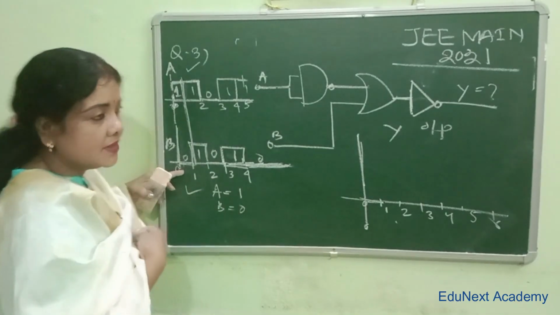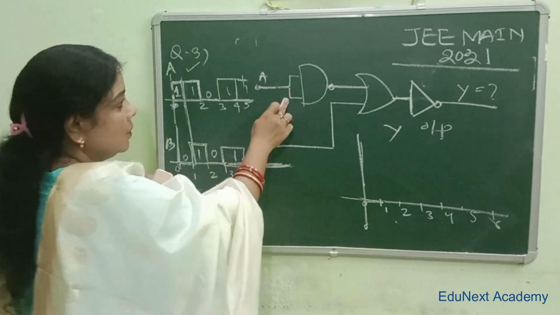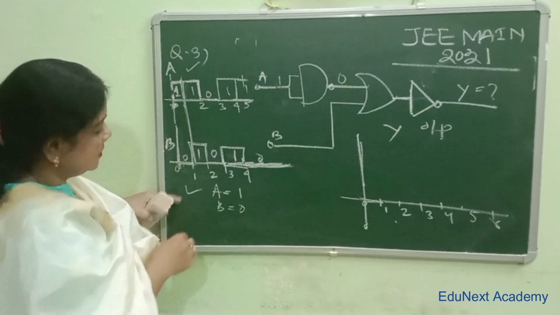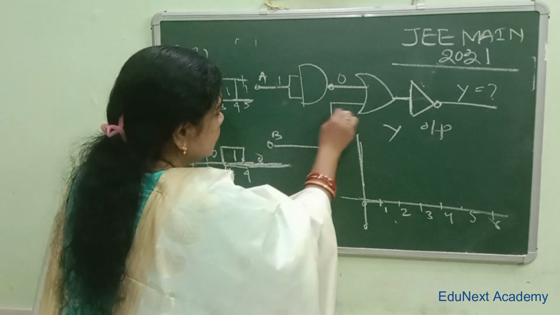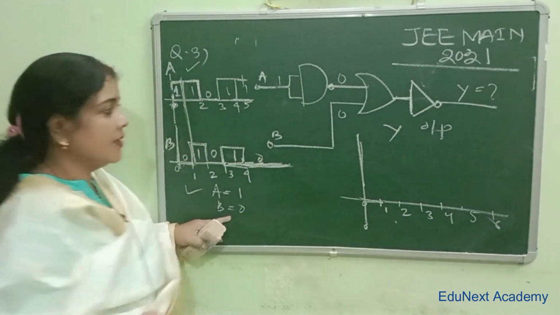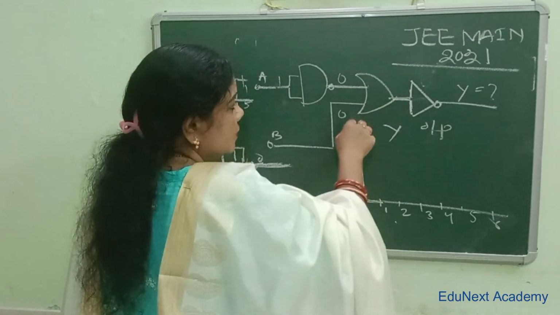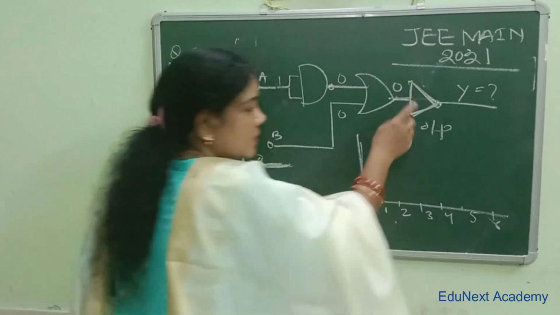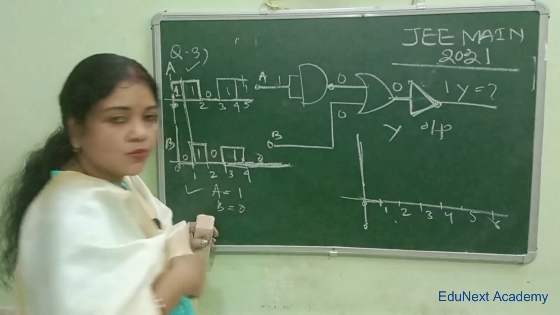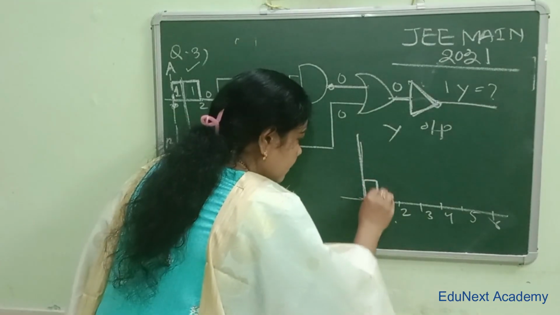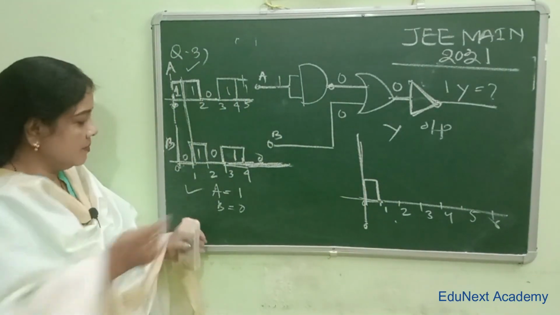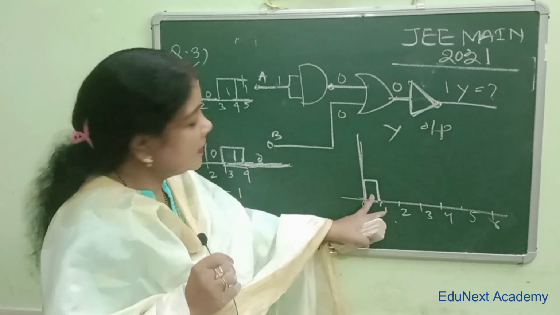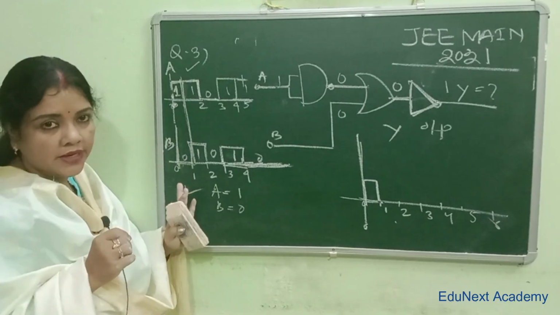So let's see what output comes. If A is 1, this is 0. At the same time, B is 0. Now this is an OR gate, 0 plus 0 is 0. Now this is a NOT gate, so the complement of 0 gives 1. The output is 1. That means our output graph will come like this from 0 to 1.